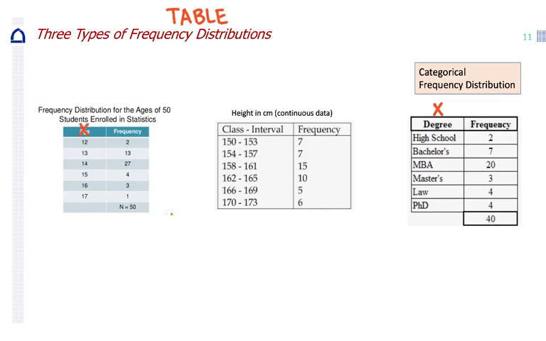Now in these 2 tables, the data we collected is numbers. However, on the left, we just have 1 number in each row, so that is called ungrouped. It's an ungrouped frequency distribution. The one in the middle, the data we collected is numbers, but each number cannot have its own row. We need a group of numbers in each row, so this would be called a grouped frequency distribution.